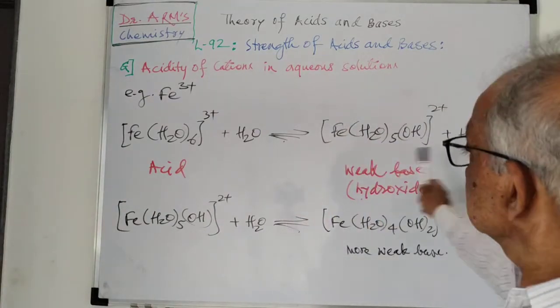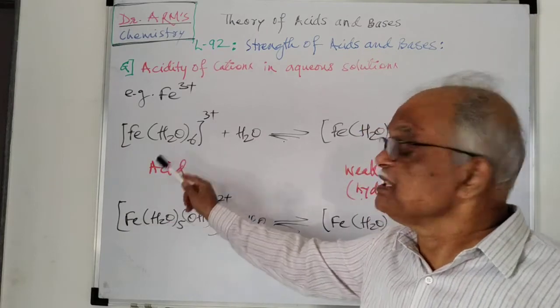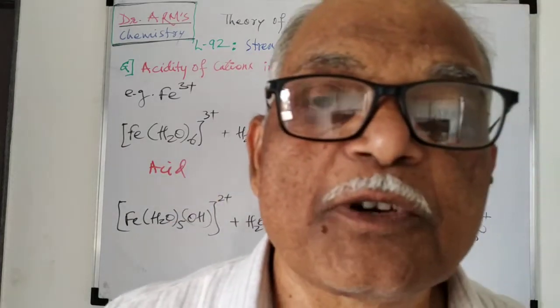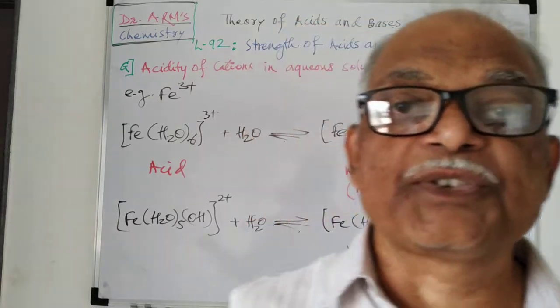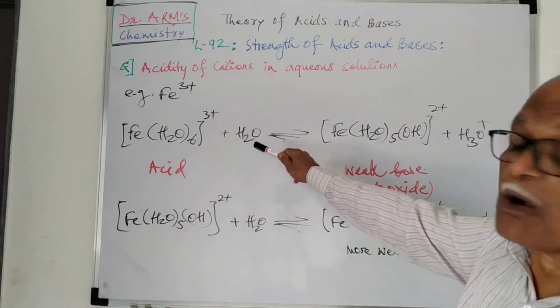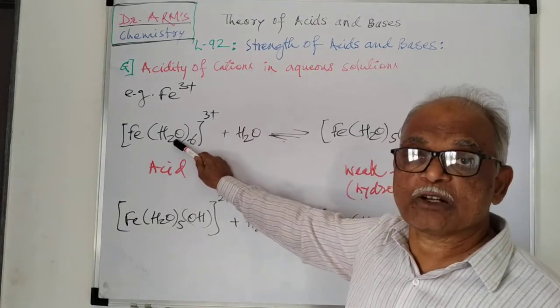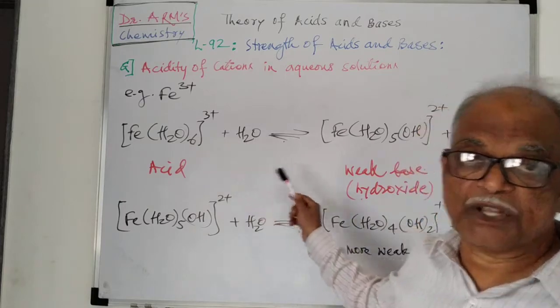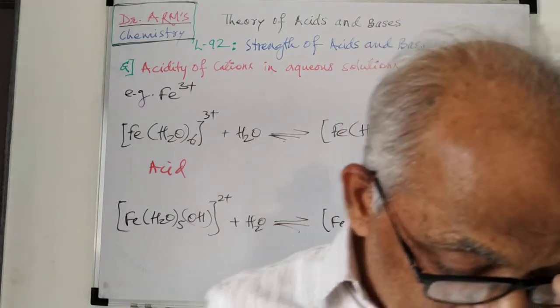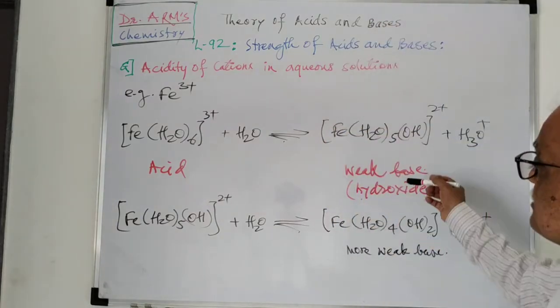So here the higher oxidation state of this Fe favors or promotes the loss of H+ from one of these H2O, and therefore the strength of the acid is exhibited in this way.